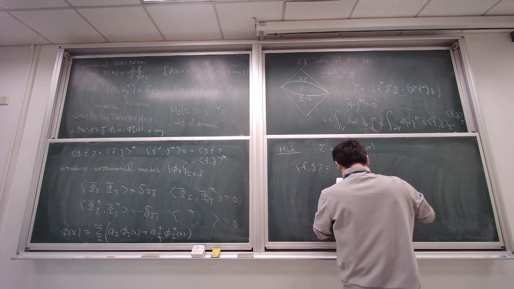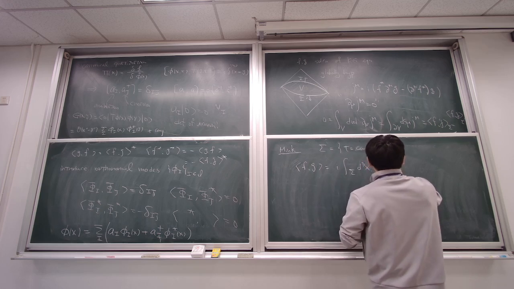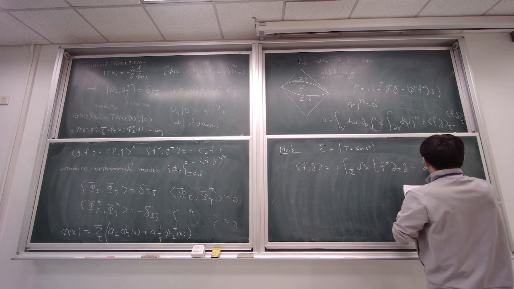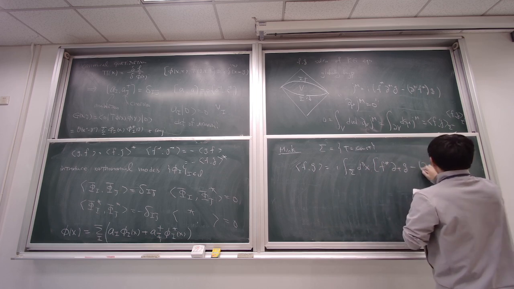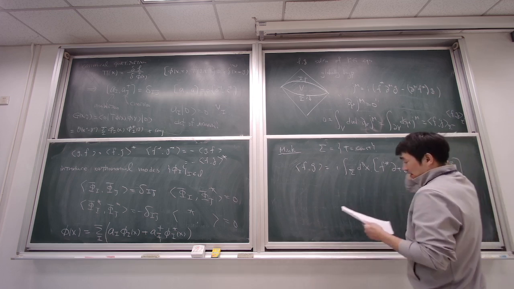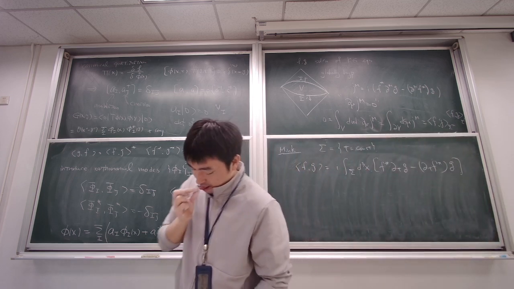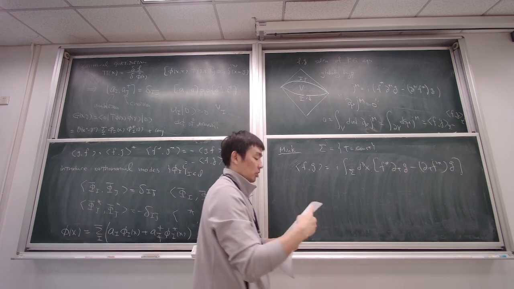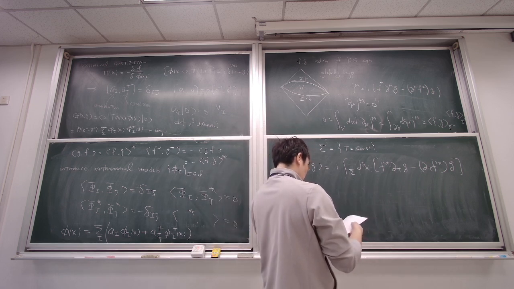I think for you guys it's too easy. So those inner products we can introduce. And here F and G are the solutions of the usual Klein-Gordon equation.